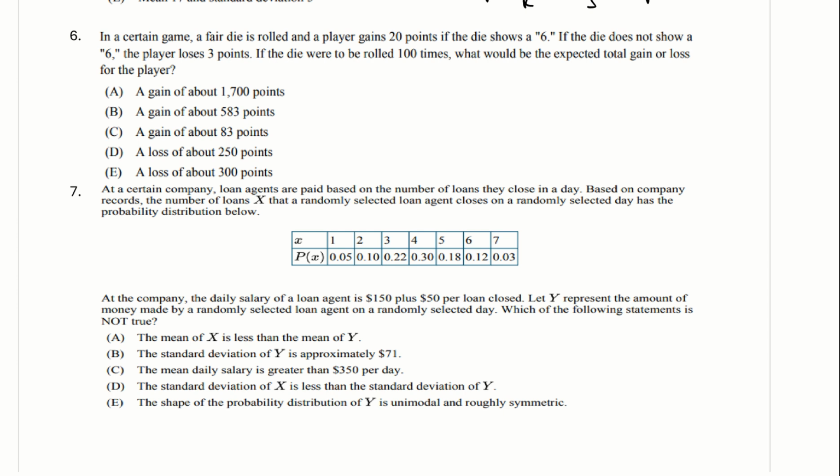Okay, so let's set up our table. So we got, let's say x is the number of points, right? So it says a die shows a 6 or not a 6, okay? So that means we can lose 3 points, right?